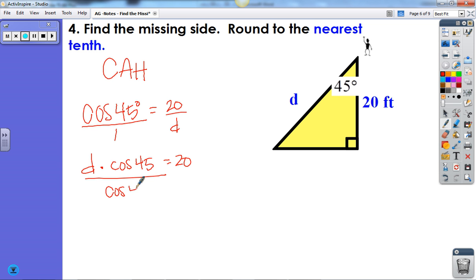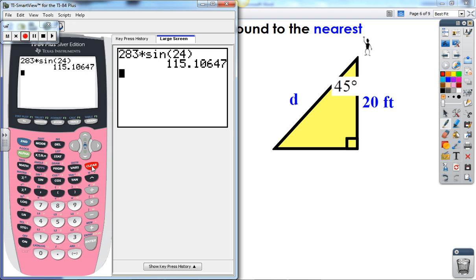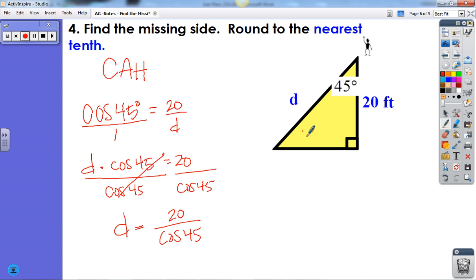Divide by the cosine of 45 on both sides. So in my calculator, I'm going to put 20 divided by the cosine of 45. And I get 28.28, so we'll round that to 28.3. So 28.3 feet.